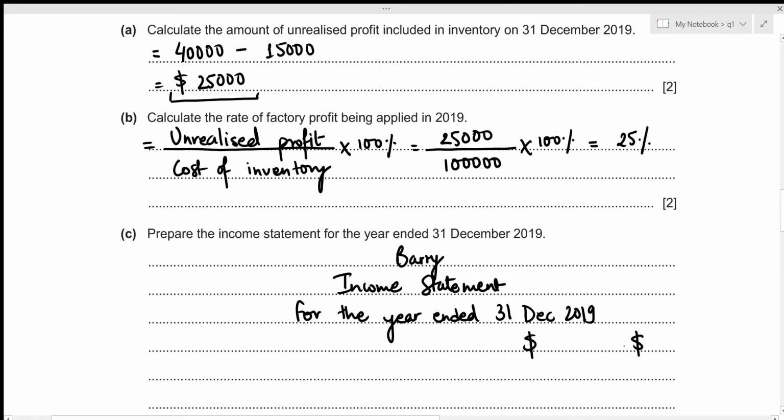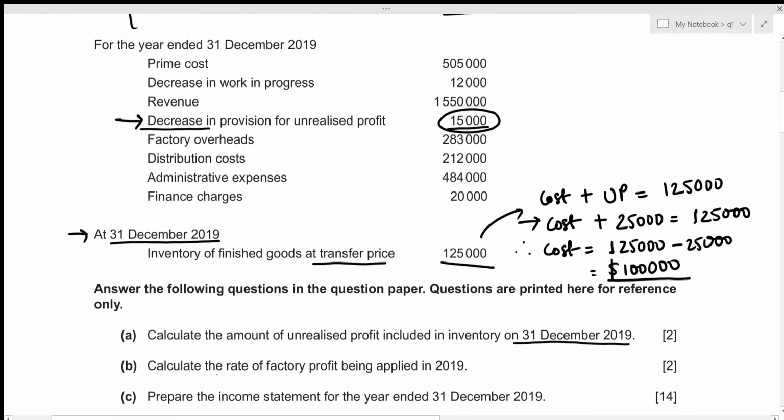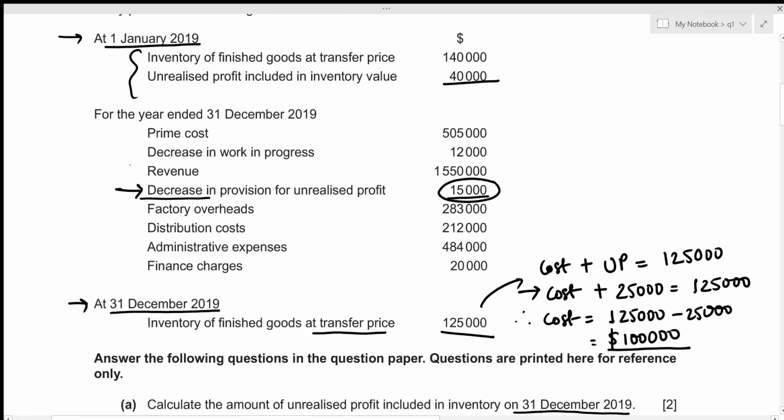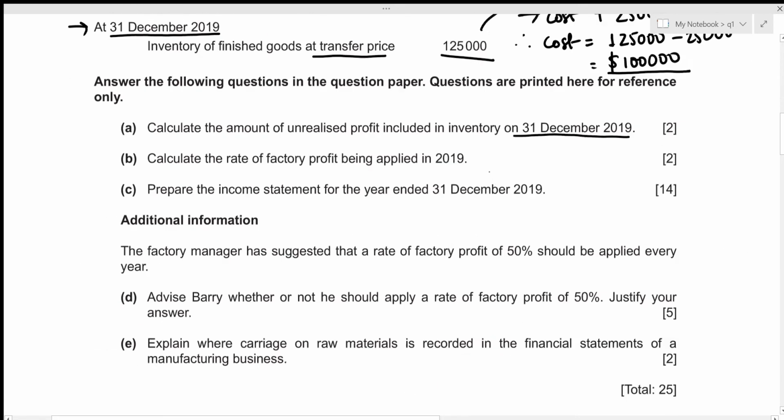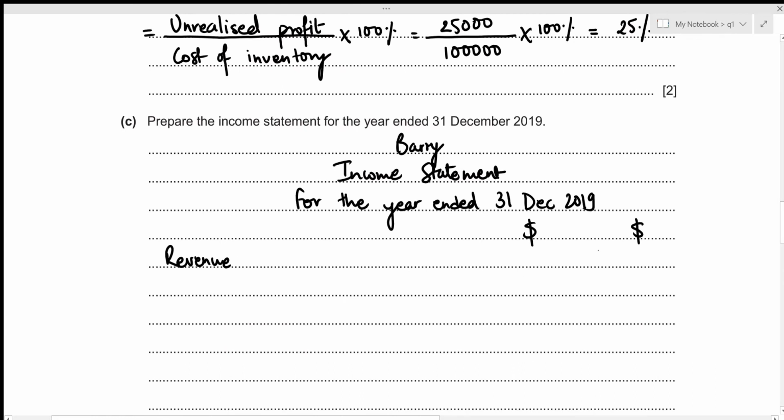So whenever we're talking about income statement, we always start with our revenue. Let's have a look above. We were given the value for revenue. Alright, it's right here. And this amounted to 1,550,000. Let's write it down. So that's 1,550,000.